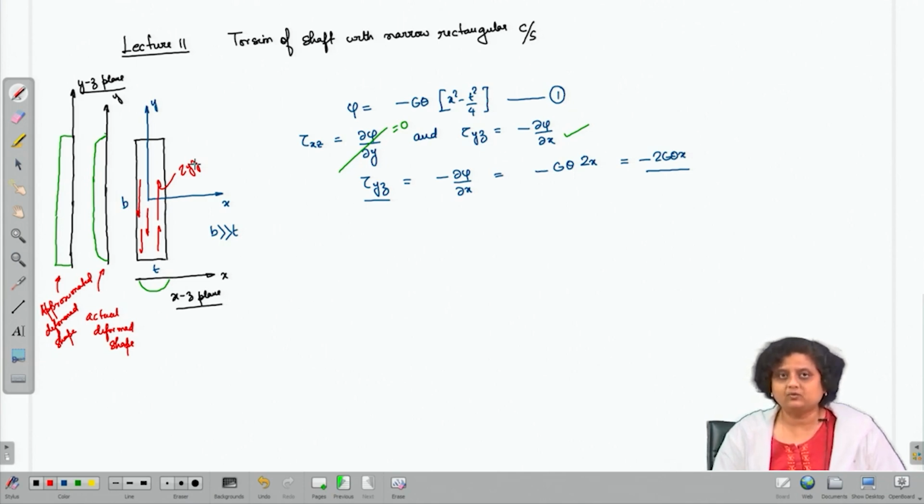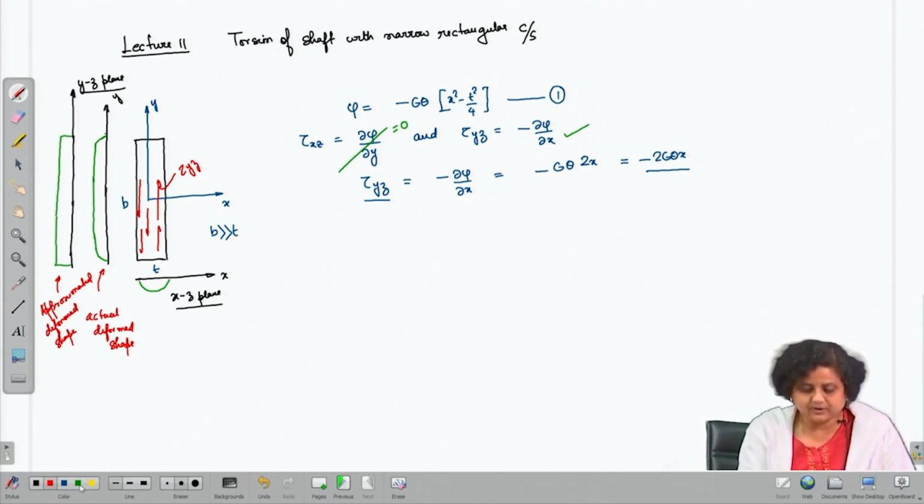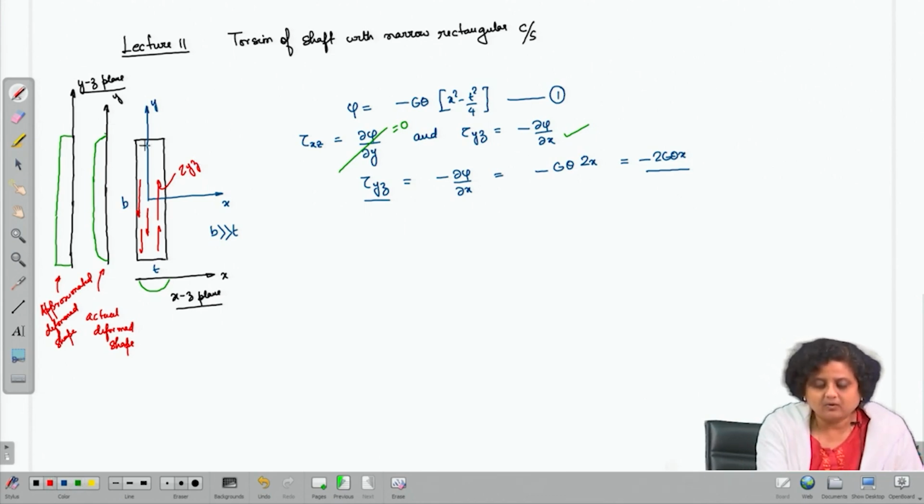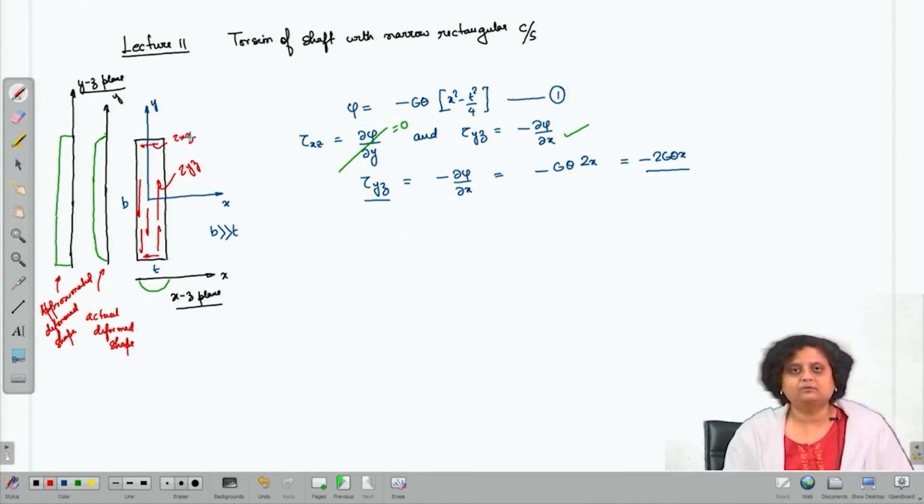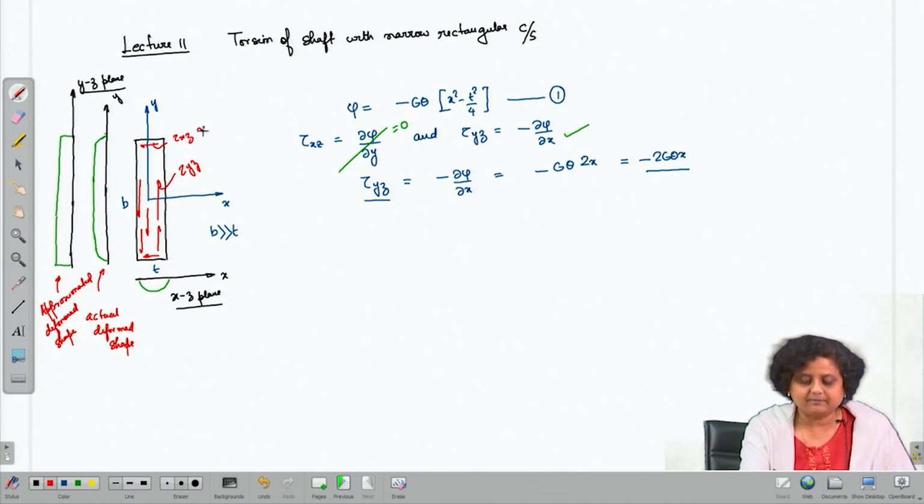Tau xz is equal to 0 because of the approximation we have made, but we are not losing much by this approximation because tau xz will act only in a small portion near the two ends. So, ideally, if we go by theory, tau xz will act only at a small portion near the two ends of the cross section, which is approximated to be 0.